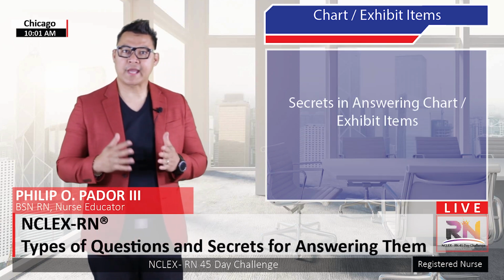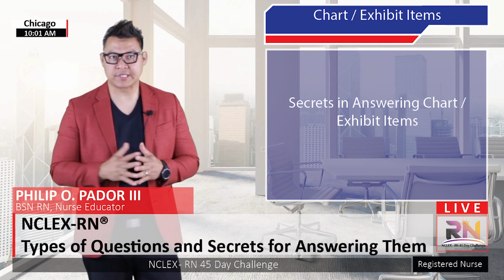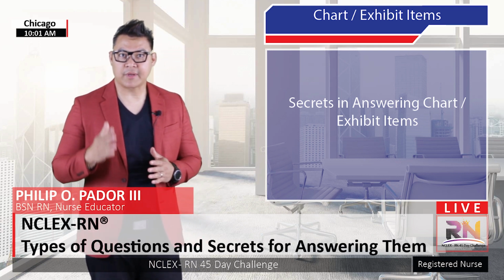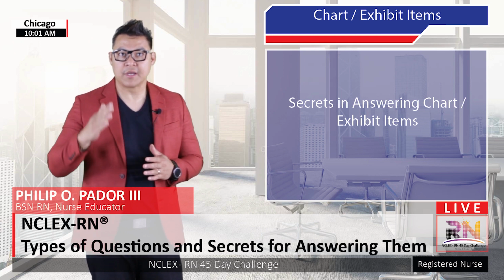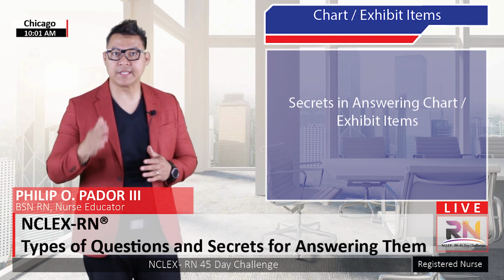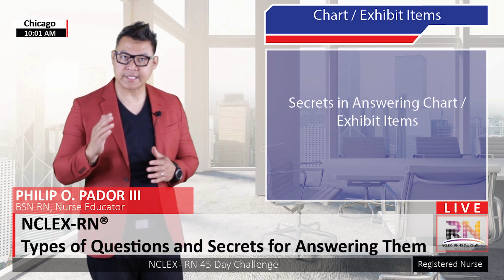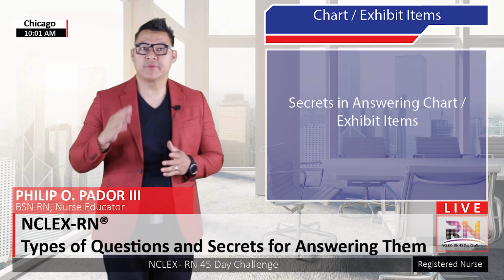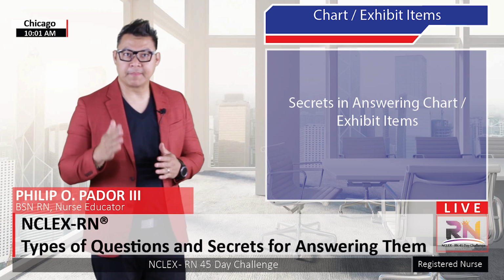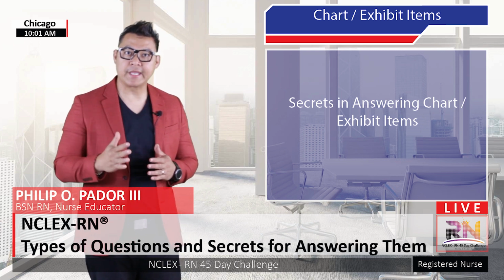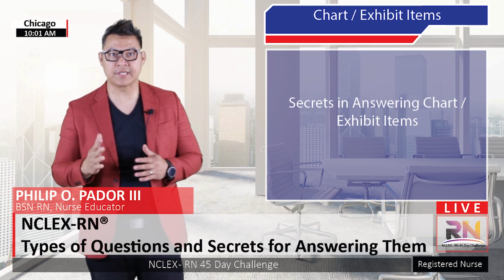So the secrets for answering chart or exhibit questions are: read the scenario and questions carefully to understand the context for the data to be provided in the chart or exhibit. For example, are you looking for vital signs? Would an elevated pulse or drop in blood pressure be consistent with the context of the questions and provide data for making a nursing decision?